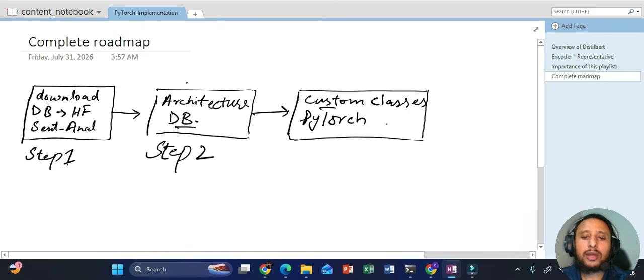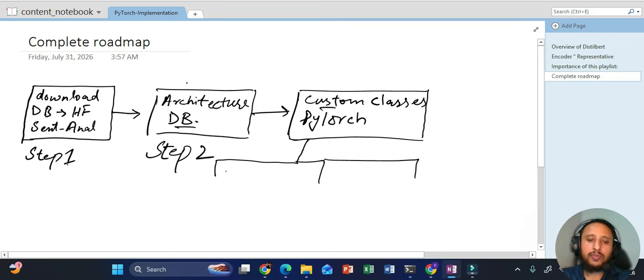We will be creating the whole architecture from scratch. In this specific part we are going to spend most of the time. So first of all, we are going to start.